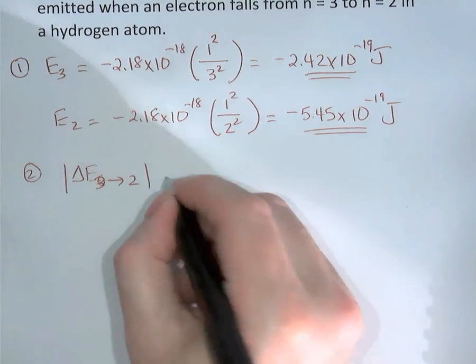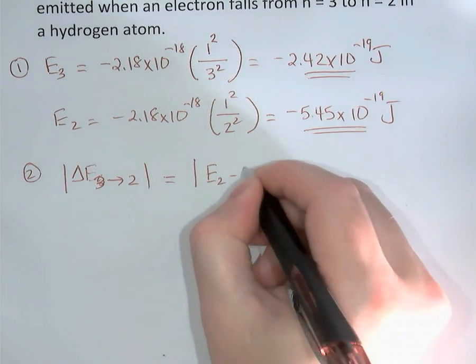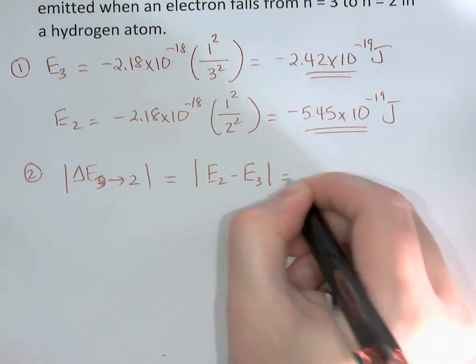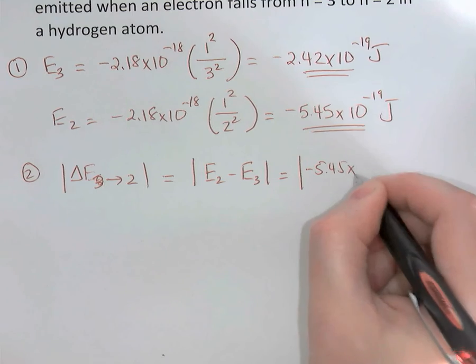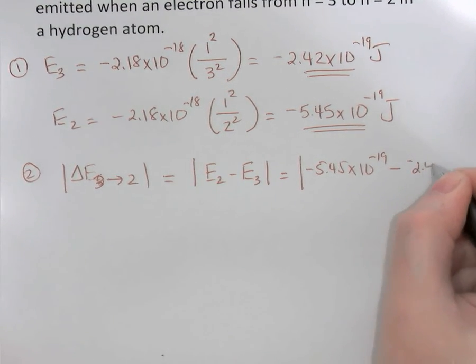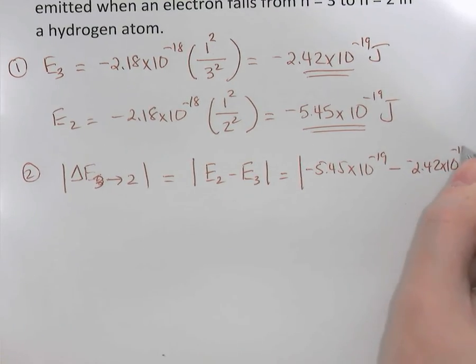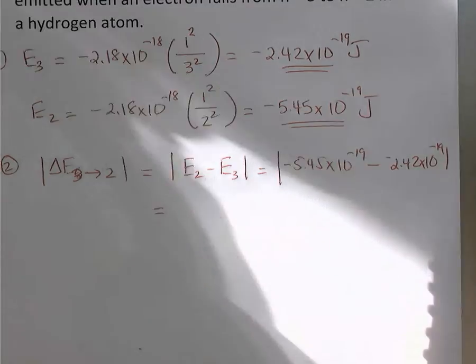And we'll take the absolute value of that. So the absolute value of the final level minus the starting level, the absolute value of negative 5.45 times 10 to the minus 19 minus negative 2.42 times 10 to the minus 19, and we're going to be very careful as we type that in our calculators.